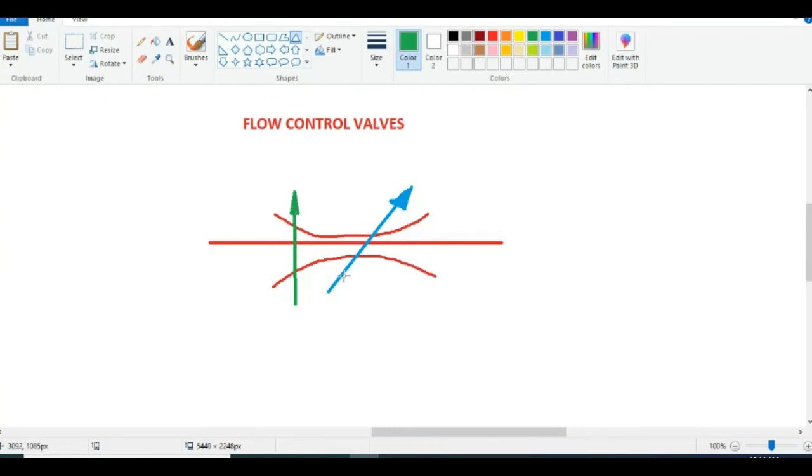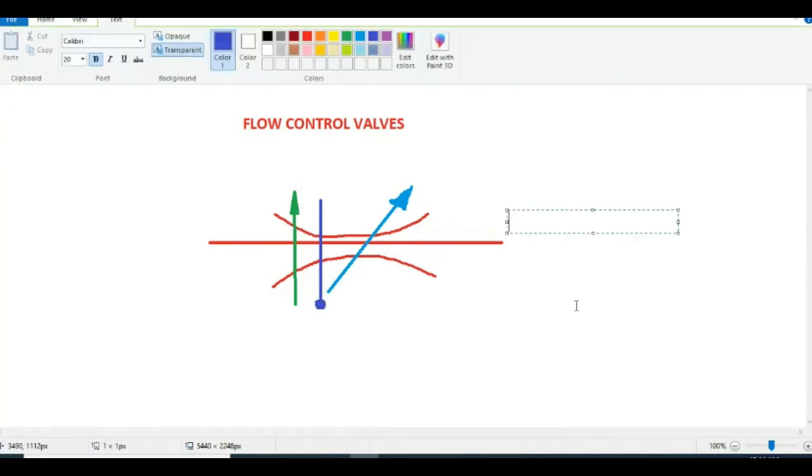This cross arrow indicates variable flow, and this vertical arrow indicates the flow control valve with pressure compensation. If you show one more vertical line and the symbol like this, this is the symbol for the temperature.